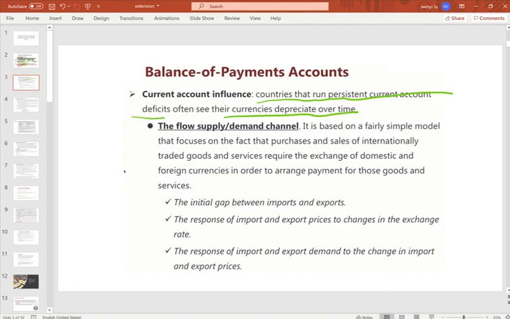For example, if you incur a trade deficit, what happened to your current account? You have more import than export. That's why you have a current account deficit. So if you have more import than export, what happened to your currency?